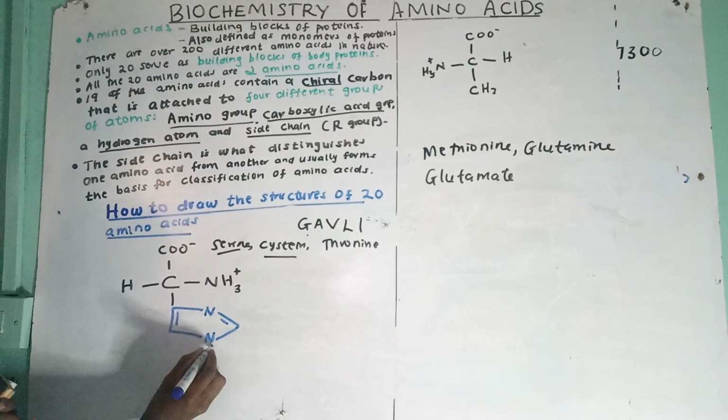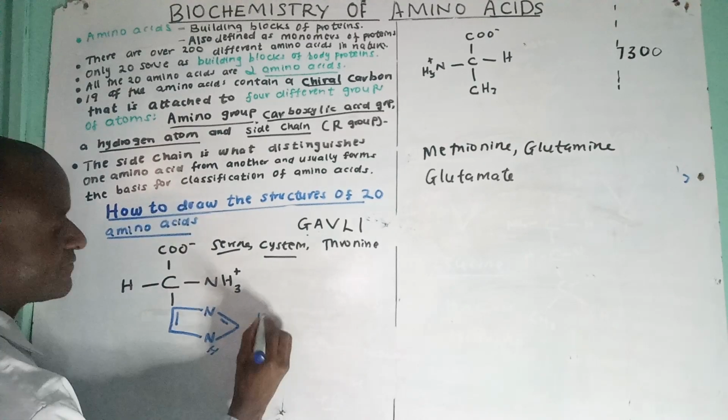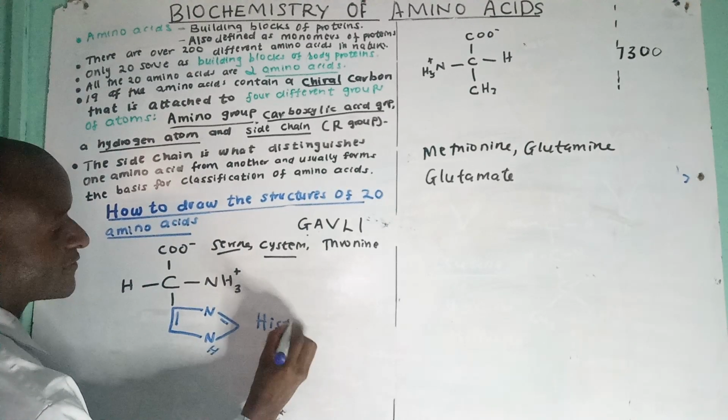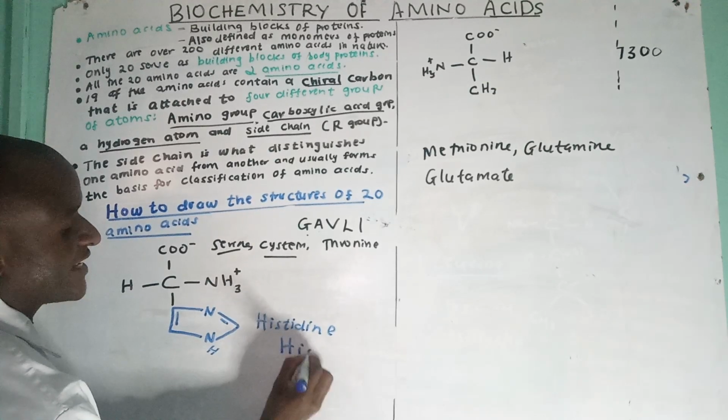Each one of them is the amino group, that is NH group. So that is its functional group. This is histidine, denoted as HIS.